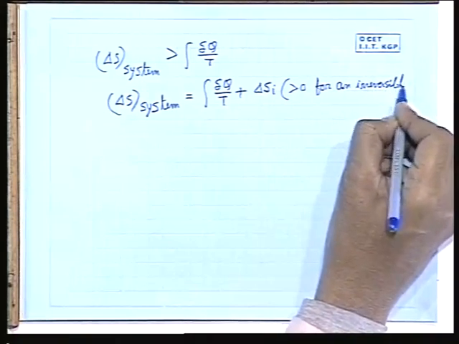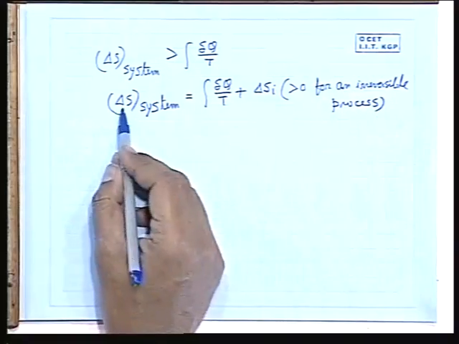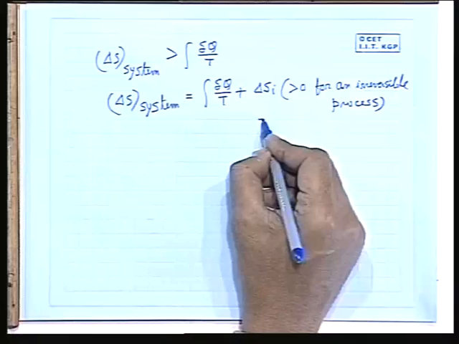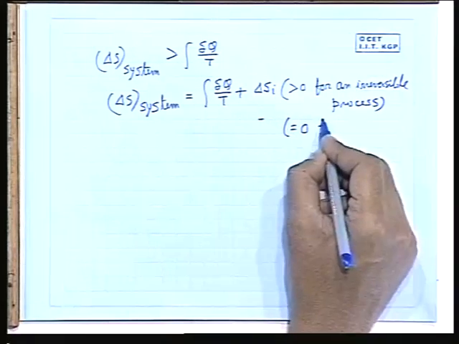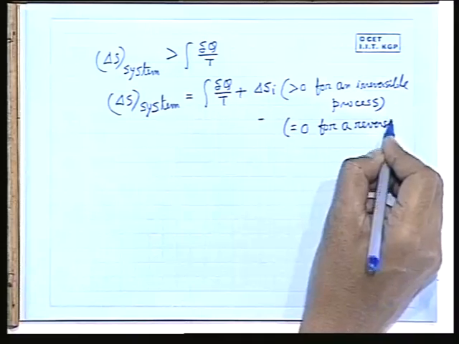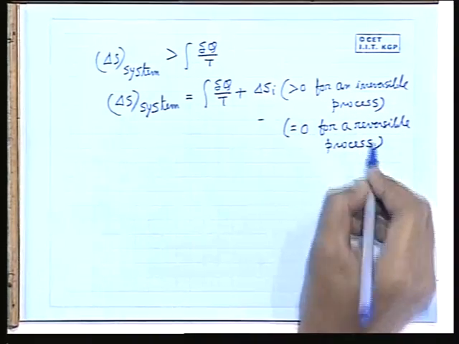That means for any irreversible process, delta S of the system is more than delta Q by T, and which equals 0 for a reversible process.